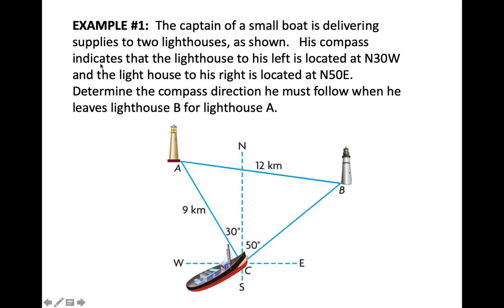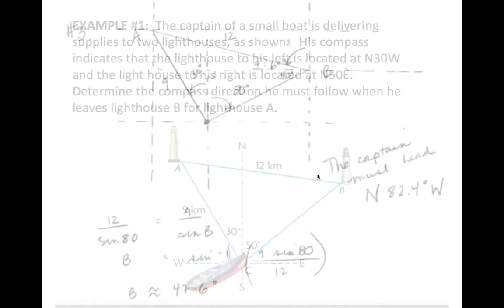So it says the compass indicates that the lighthouse to the left is located at north 30 degrees west, whereas the lighthouse on the right is north 50 degrees east. The question they're asking us is to determine the compass direction he must follow when he leaves Lighthouse B, right here, for Lighthouse A. We want to know, how would we tell someone where he's actually going?